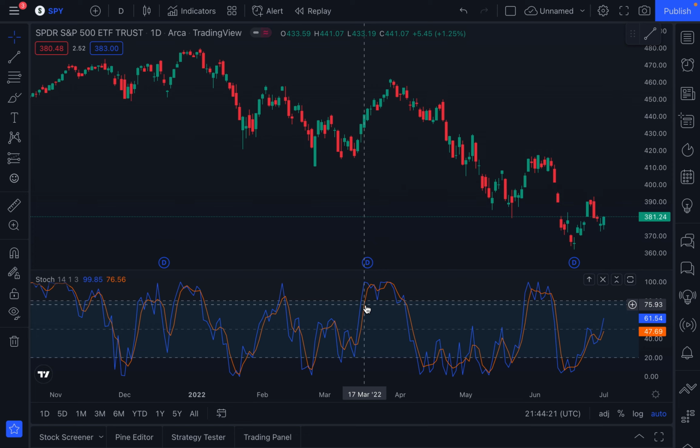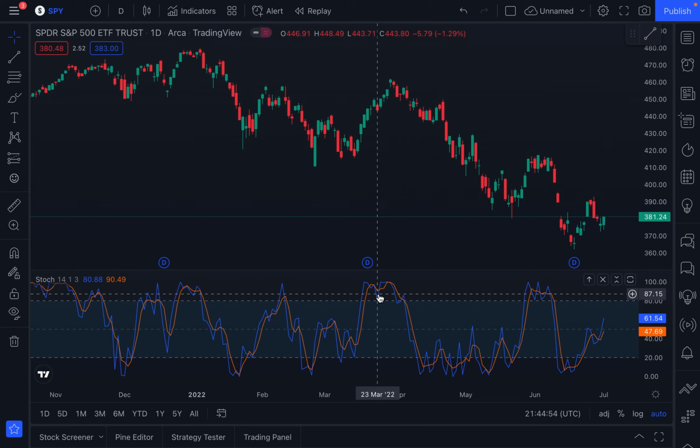Now here is the catch. Because price is thought to follow momentum, the intersection of these two lines is considered a signal that a reversal may be coming. Generally, when traders see the stochastic line, the blue line, go above the orange line, that might signal a reversal is coming, and you'd be bullish.